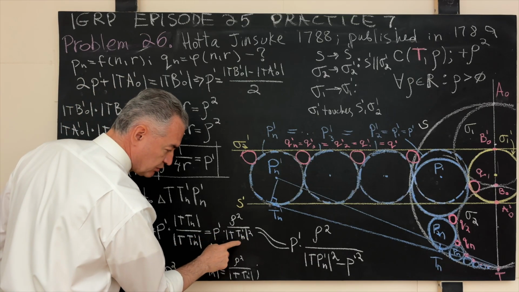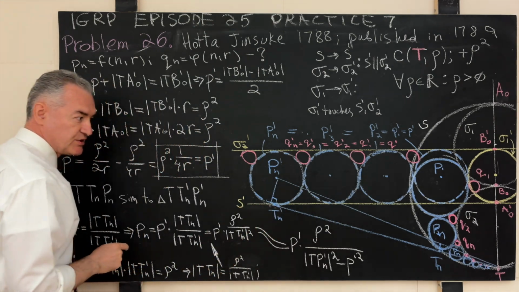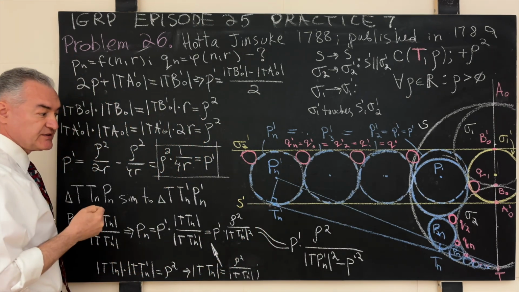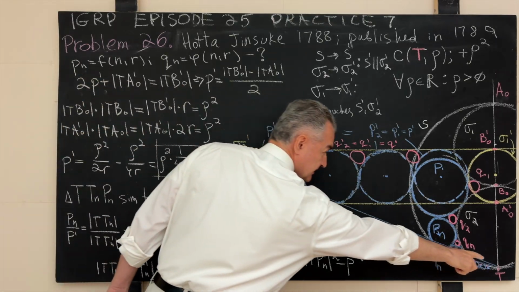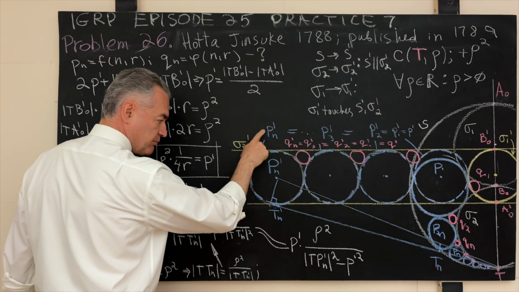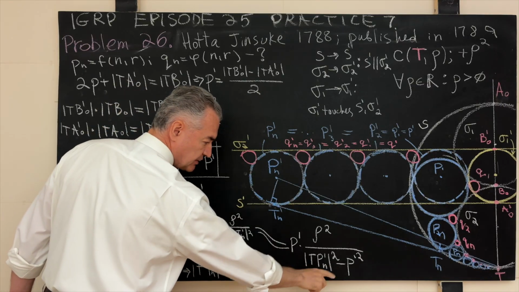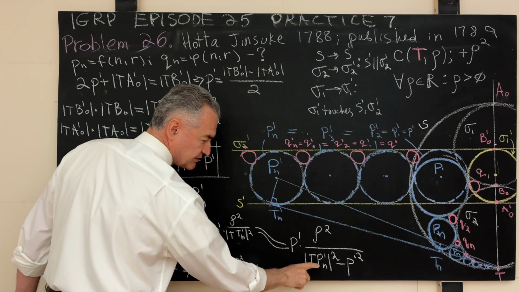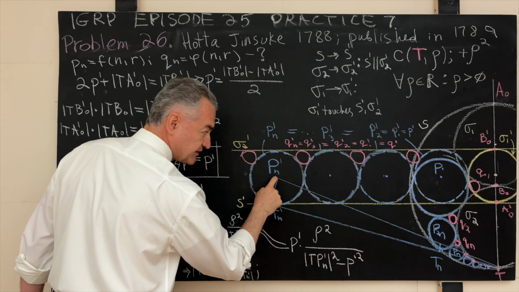And at this point, look at this, you have the square of the distance t prime n. And what is the square of this distance? Well, that's the power of the point t with respect to the reflected blue circle p prime n. And that power is represented as the difference between the square of the distance t p prime n, that's the distance to the center of the circle, and the square of the radius.